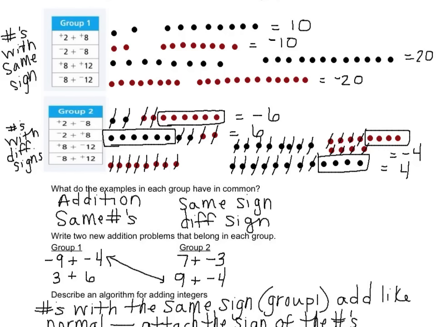Would that hold true if I were to use the numbers 8 and 12? Well, 12 minus 8 gives me 4, and that was the number that I had to use in my answers. So adding with one positive and one negative, we can treat the problem like a subtraction problem.